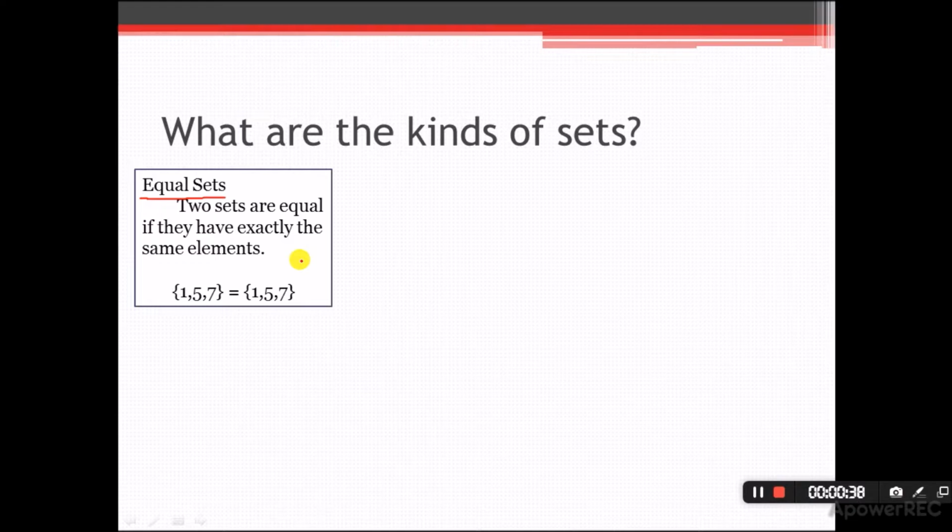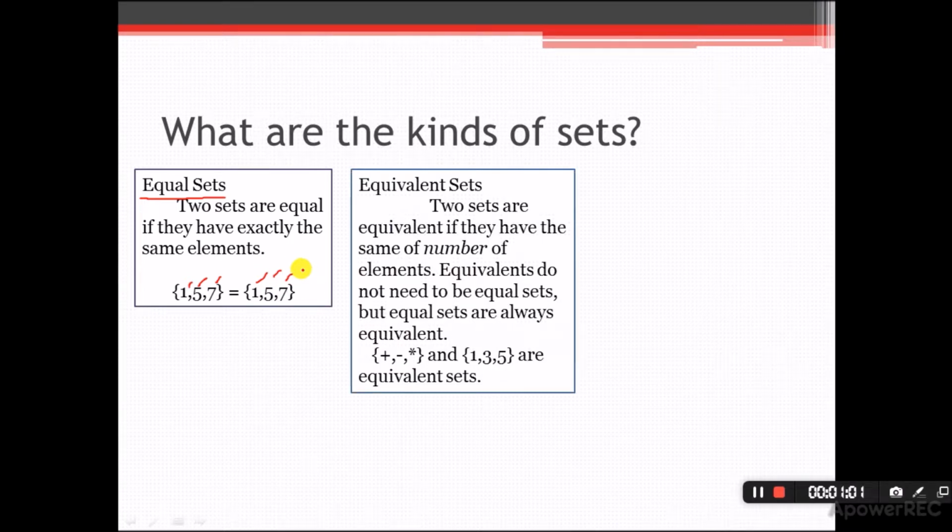Example, the set whose elements are 1, 5, and 7 is equal to the other set having the elements 1, 5, and 7.